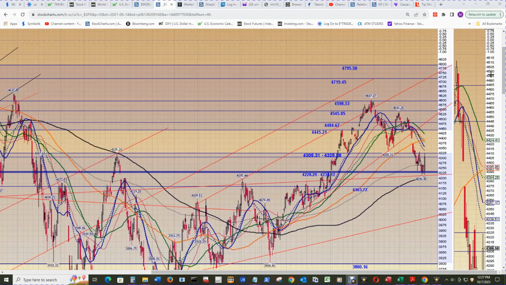Also in there is the 21 EMA through the 200 EMA moving averages, including all the simple moving averages, and you can see in the thumbnail that that solid blue 20 simple moving average is at 4357.17.